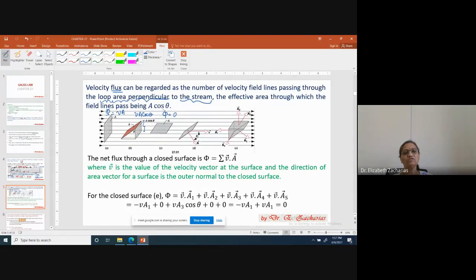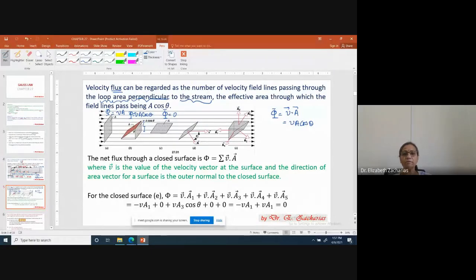So in all these cases, you can simply combine all these three things and write flux in general as V dot A, which is VA cos theta.